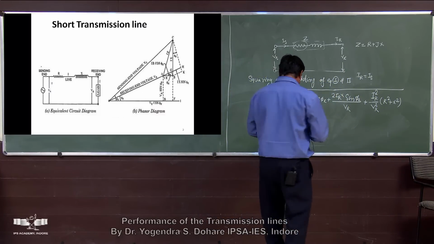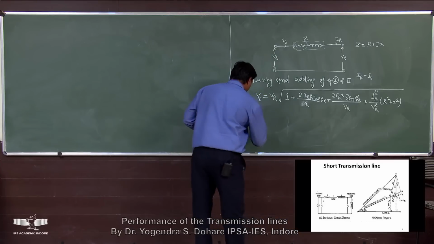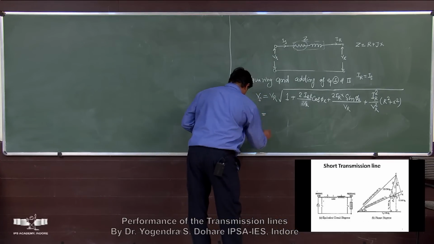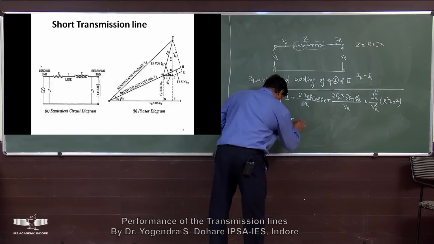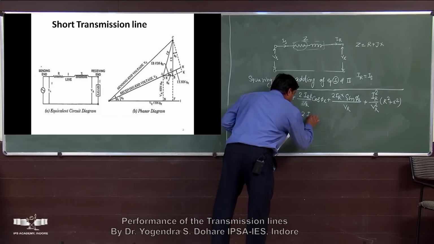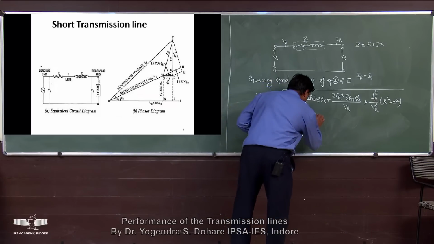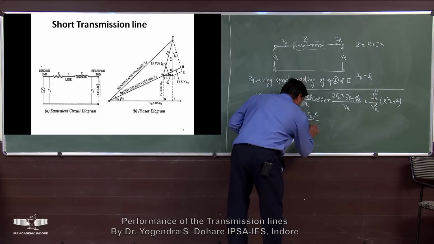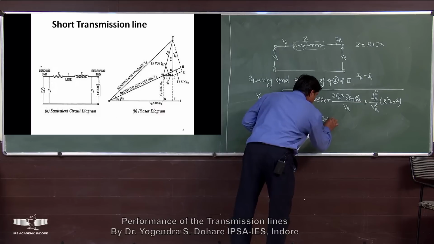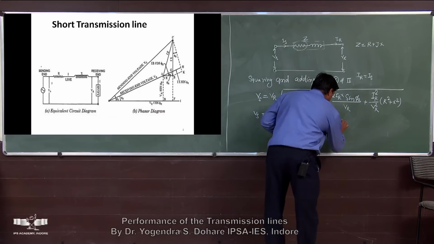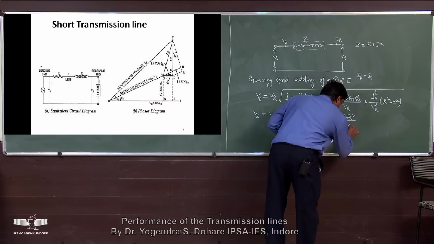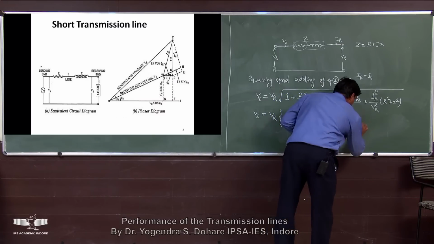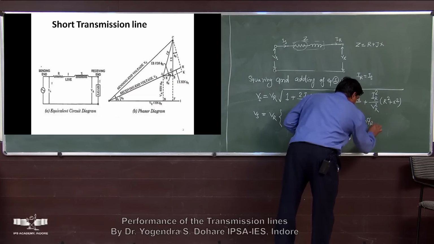Therefore, we can write Vs equal to Vr under root of 1 plus 2 IR into R cos phi r upon Vr plus 2 IR into X sin phi r upon Vr.